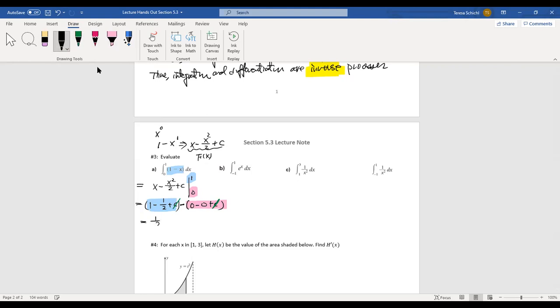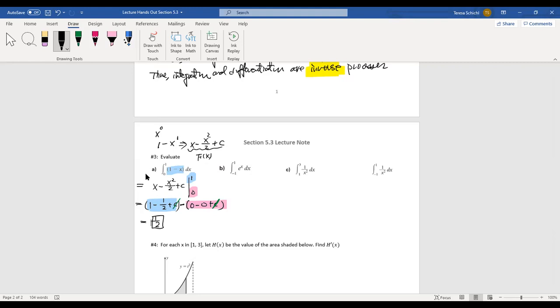This is 1/2. Because the antiderivative has a constant c, when you substitute, the c is always there. Because you use the top boundary minus the lower boundary, c and c will cancel. So when we do it, we don't really need to write c anymore.